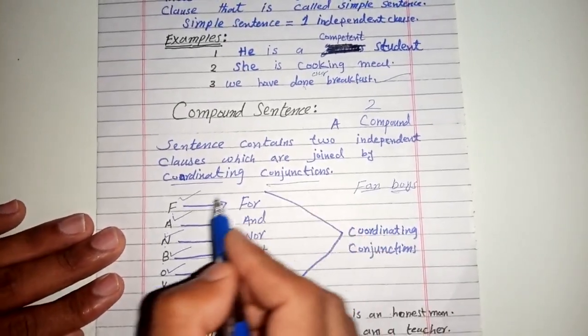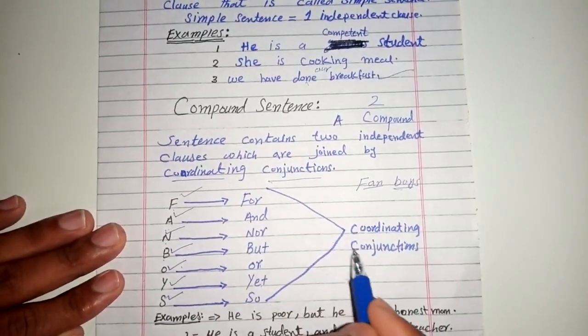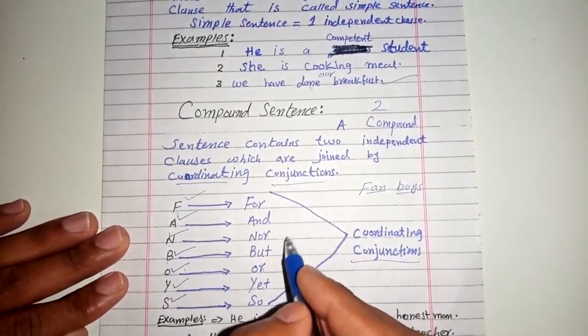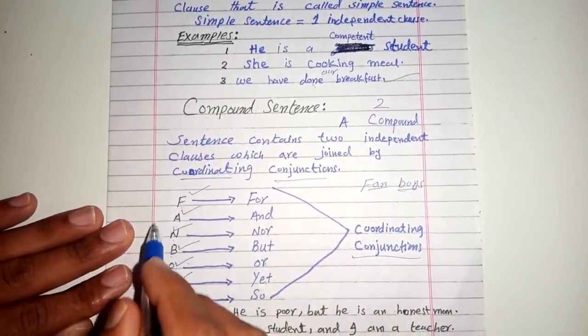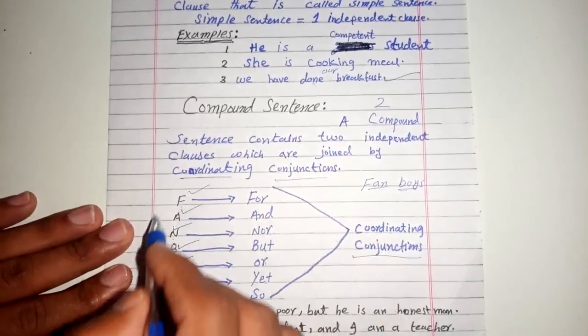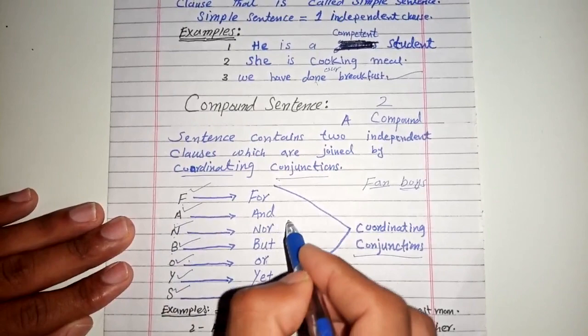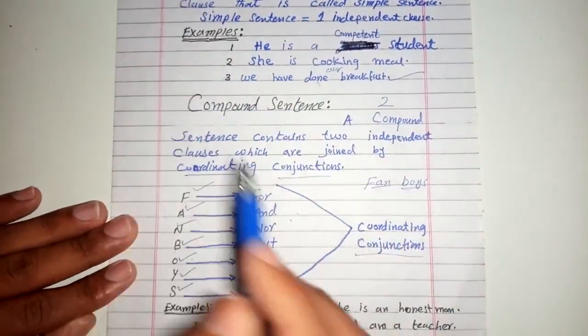So these are the coordinating conjunctions, the coordinators. Now, two independent clauses which are connected by these coordinating conjunctions are considered a compound sentence.